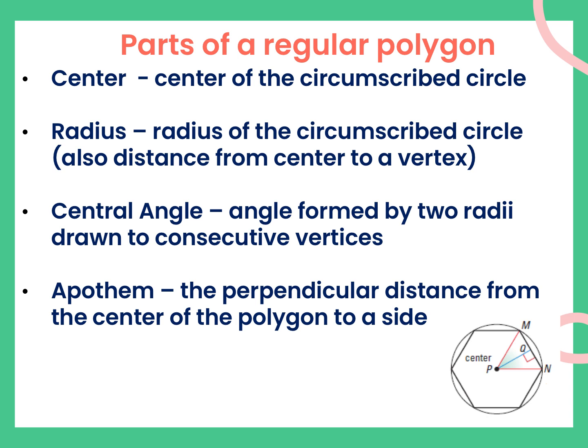The radius is just going to be the radius of the circumscribed circle. It's also going to be the distance from the center to a vertex of the polygon. Notice in my picture down at the bottom, the red lines are the radiuses or the radii. So in the picture down there, the radii are all drawn in red.